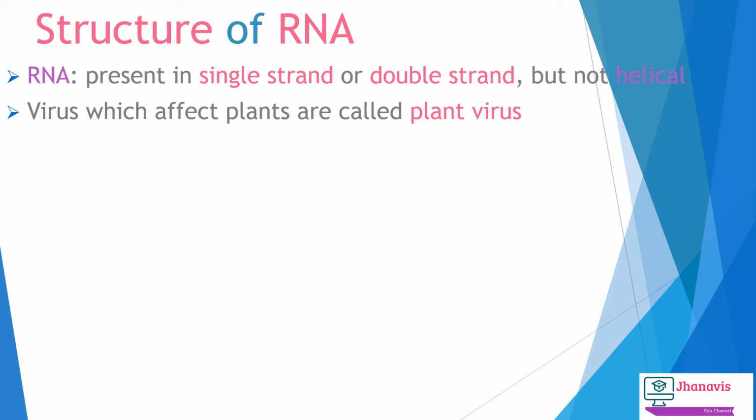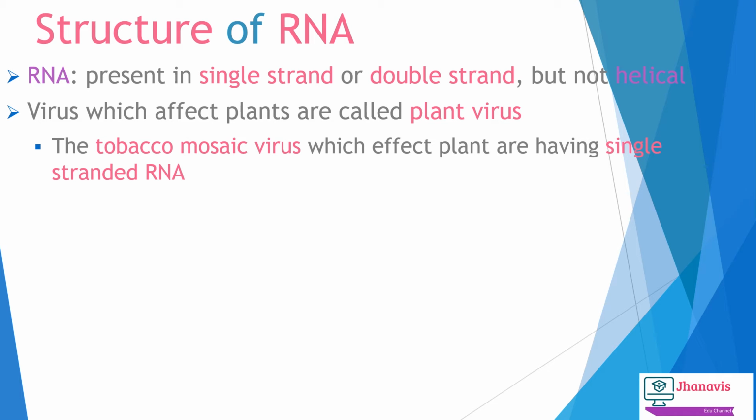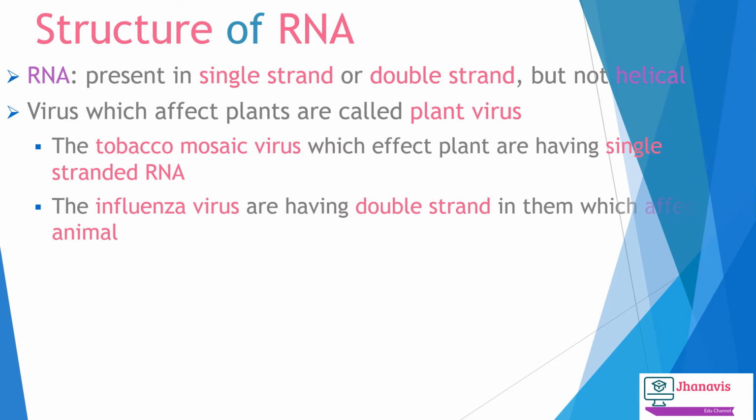Example, the tobacco mosaic virus, which affects only plants and has single stranded RNA. The influenza virus affects animals and is a double stranded one.